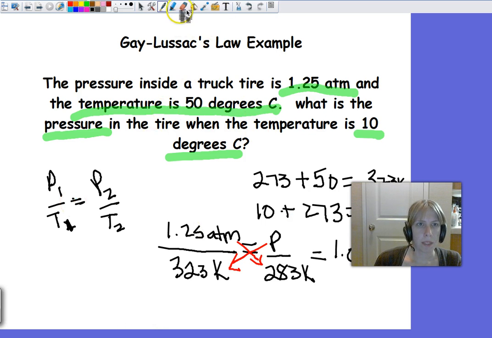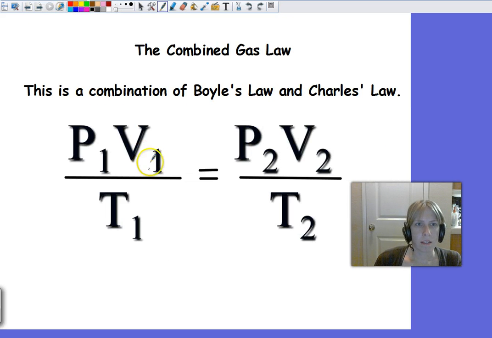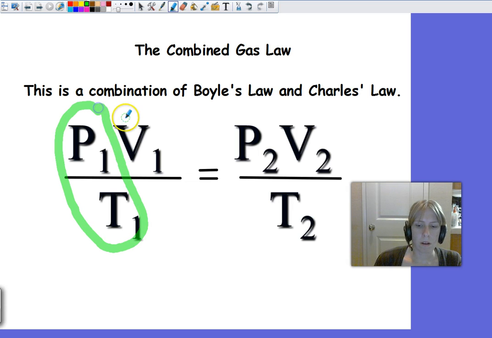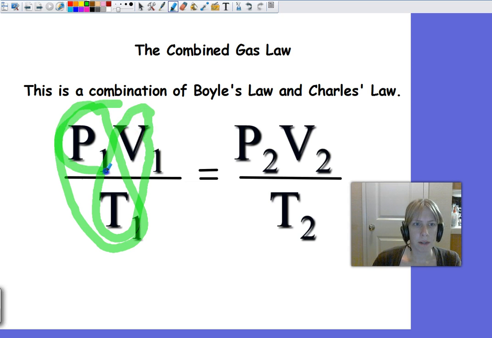Now, real quick, let's take a look at our last law. This is called the combined gas law, and it just combines kind of all the laws into one. So if you see here, this is our Gay-Lussac's law. Here we have our Charles law, and here we have our Boyle's law.